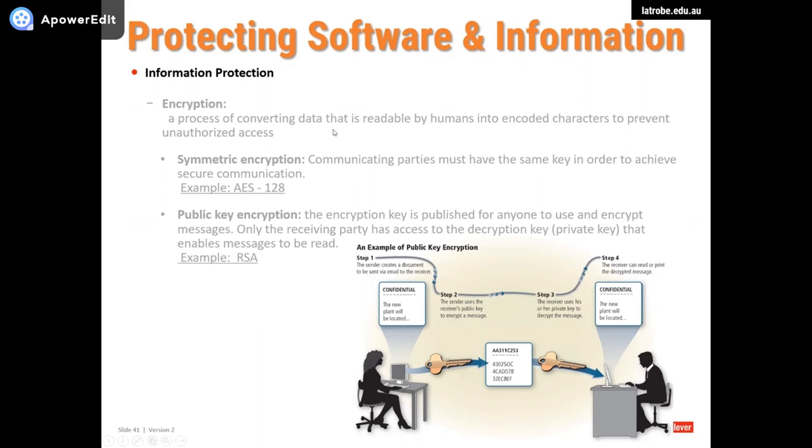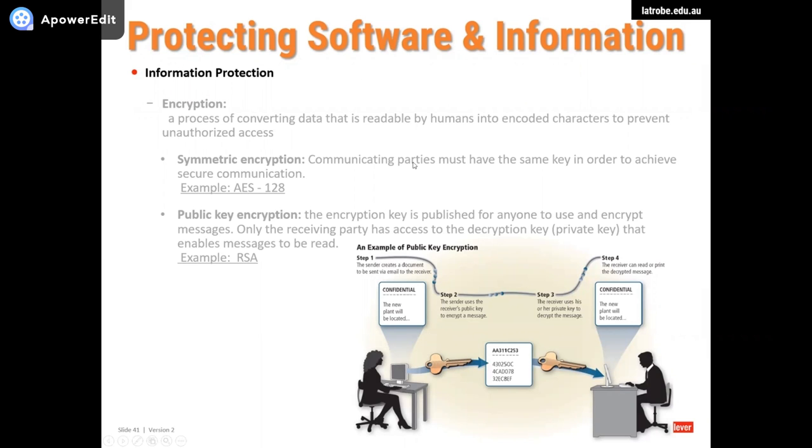For the first, symmetric encryption, both communication parties must have the same key in order to achieve secure communication. The most famous one is AES-128. This encryption method is very secure. Symmetric algorithms have been widely used because they are usually very fast and very safe.